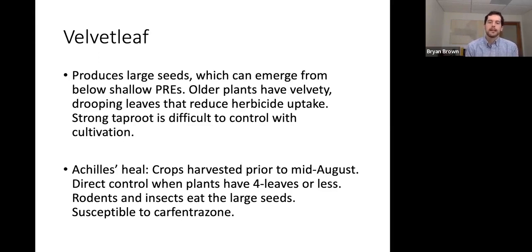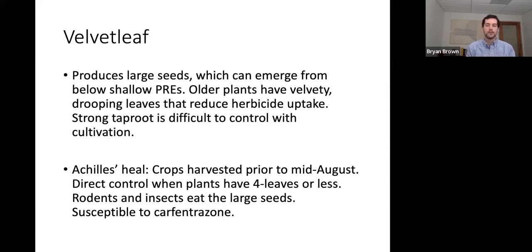But its Achilles' heel, and this is something I've been reading up on in a recent book by Chuck Moeller and others, is that when you're using crops that are harvested prior to mid-August, you should be okay. And there's not as many of those examples in field crops as vegetables.